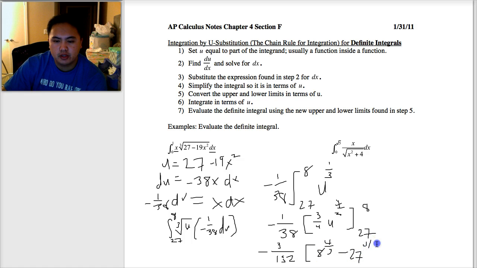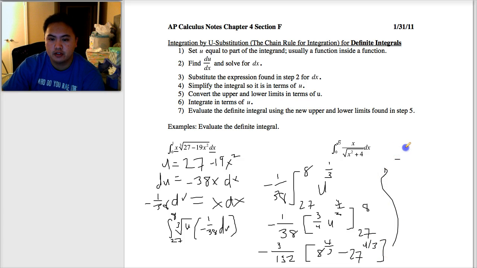Okay. As we did this before Christmas break, this is way easier if you have a calculator. 8 to the 4/3 is 16. And you put it into your calculator. So negative 3 over 152 times 16. And if you put 27 to the 4/3 in your calculator, you're going to get 81.